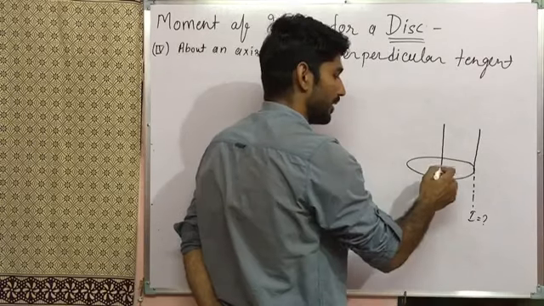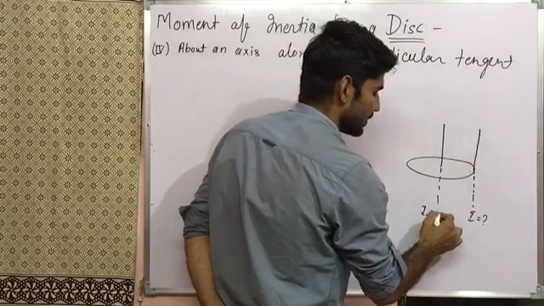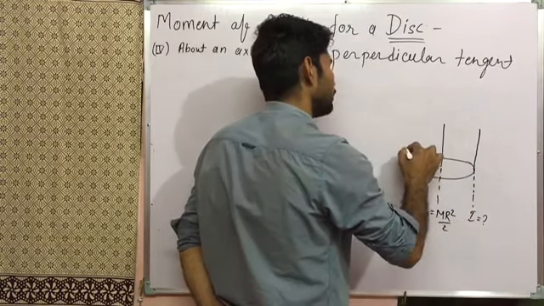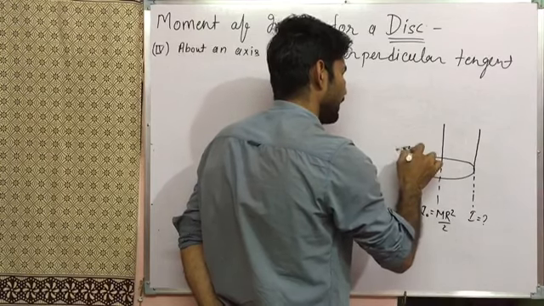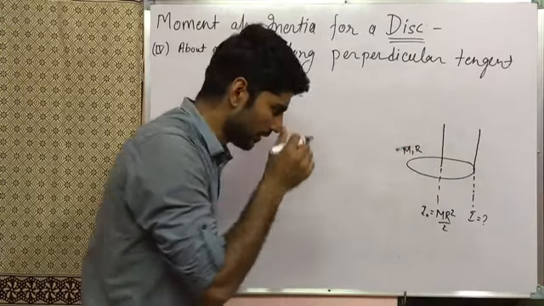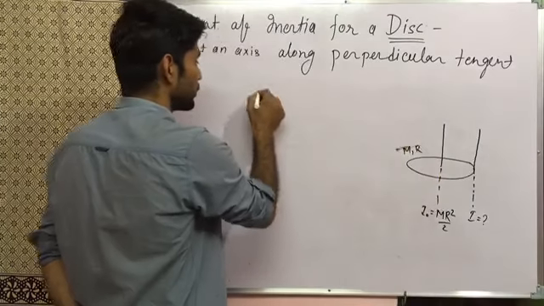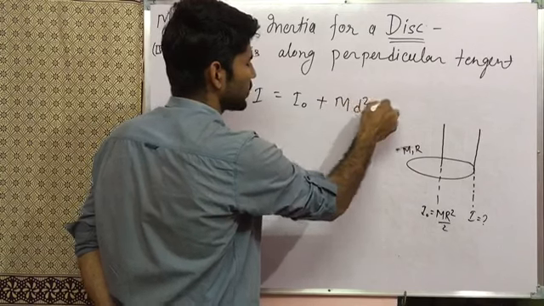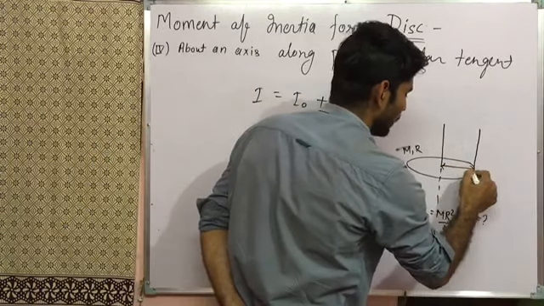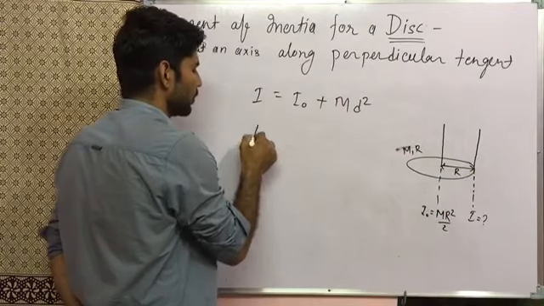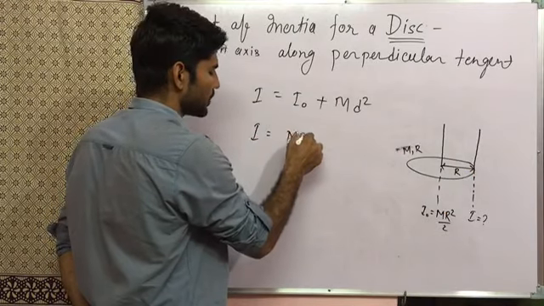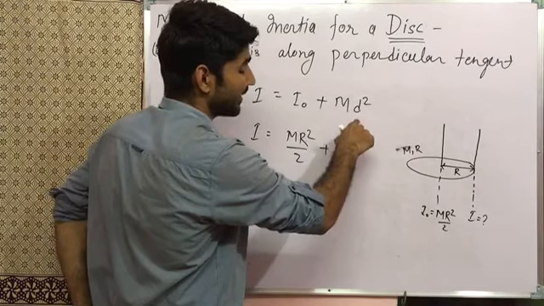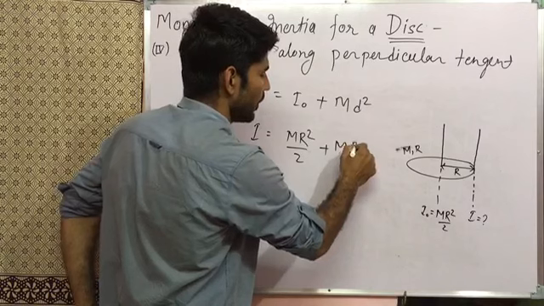In the first case we determined the moment of inertia for this axis, which was MR square by 2 for a disk of mass capital M and radius capital R. So here, according to the parallel axis theorem, I equals I naught plus M d square, and the distance between the two parallel axes is capital R. So I will be I naught, the value of I naught is MR square by 2, plus capital M, the mass of the disk, times the distance between the two parallel axes squared, R square.